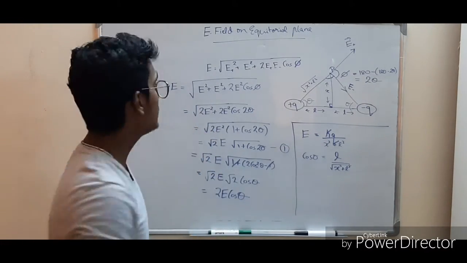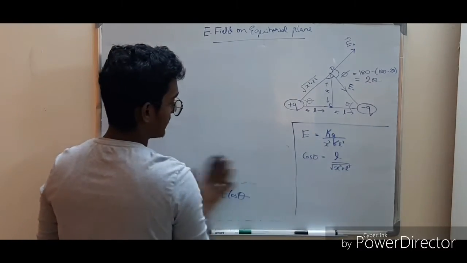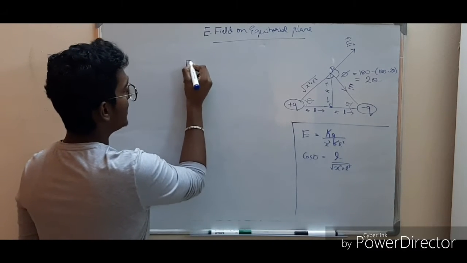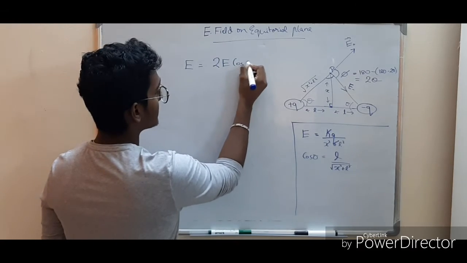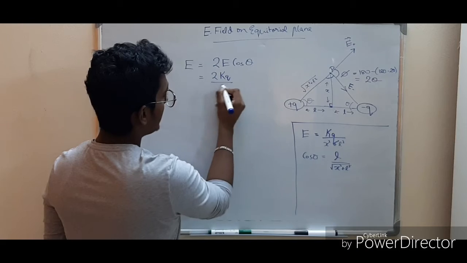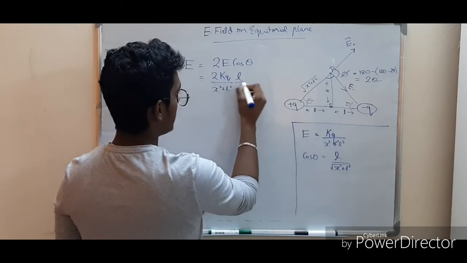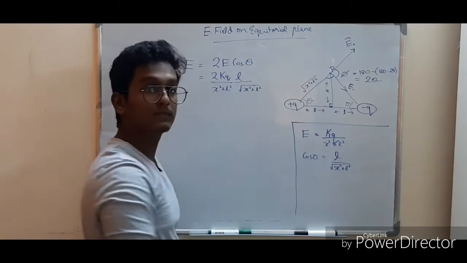I'll just start from the beginning. Okay, so the total electric field is equal to 2E cos theta, that is 2kq by x square plus L square into cos theta, which is L by root of x square plus L square.